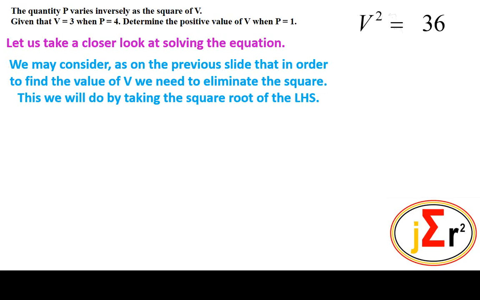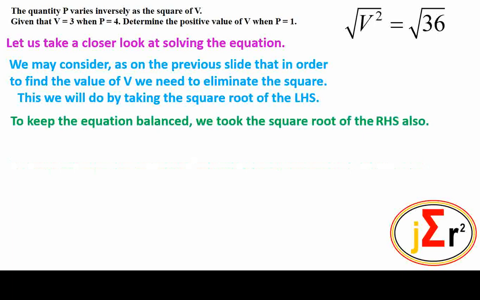So we can go straight ahead and do that. No explanation needed. We explained that already. This we will do by taking the square root of the left-hand side. We know that, and then we need to take the square root of the right-hand side also in order to balance the equation. No problem. Positive value of v.